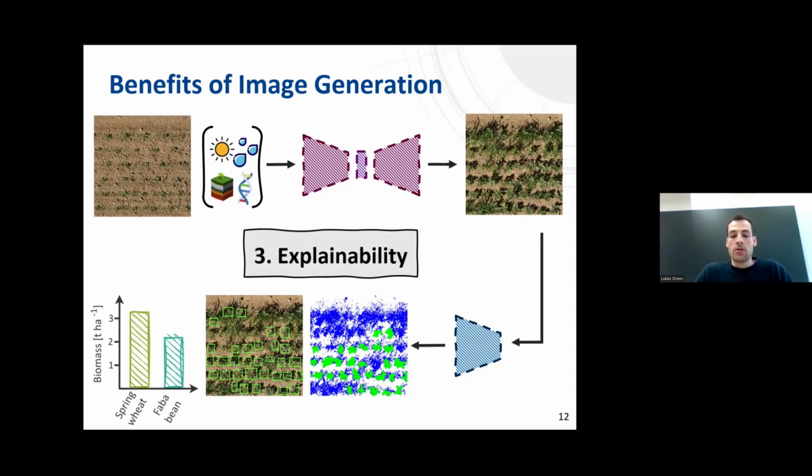And third, compared to direct data-driven crop growth modeling, which is essentially a black box model, at least without additional model explainability tools, the generated images offer this explainability for free, basically, because users can, just by looking at the images, better understand and evaluate the final model output themselves.